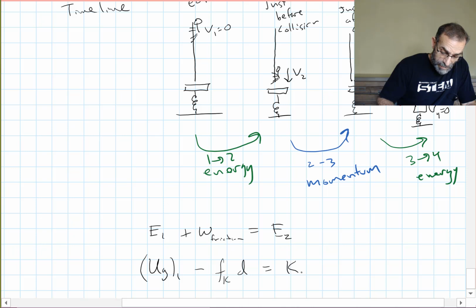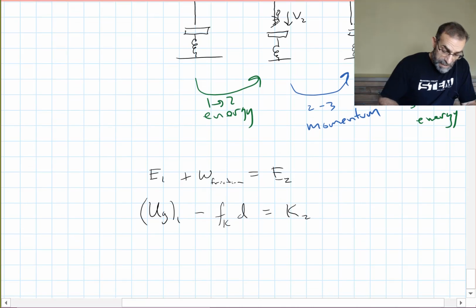And at the end, it's all kinetic. So we have m, g, h minus the friction force times h, equals 1/2 m v2 squared.